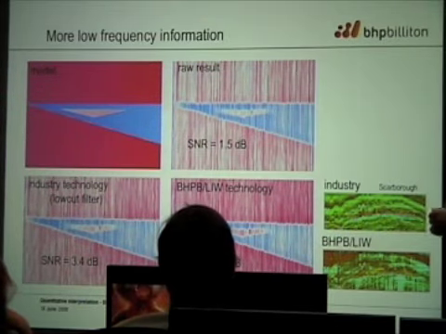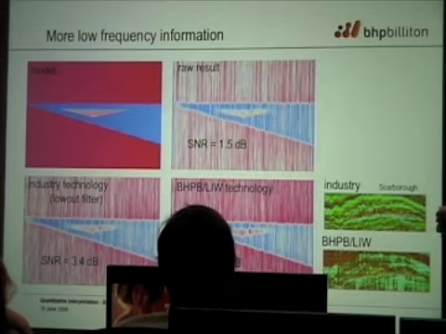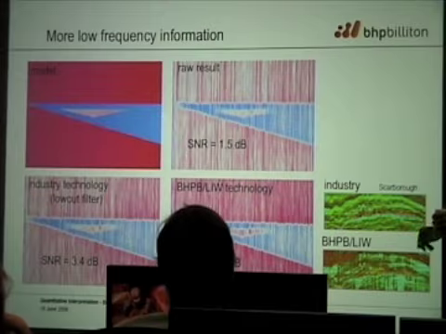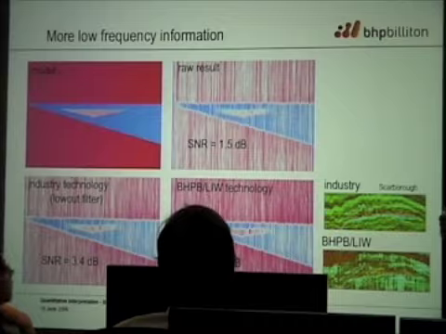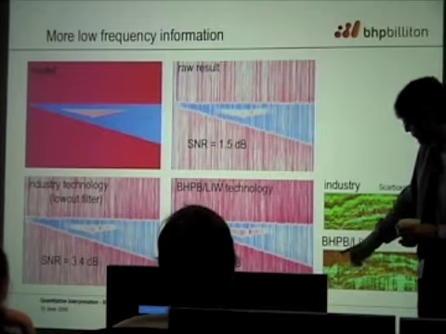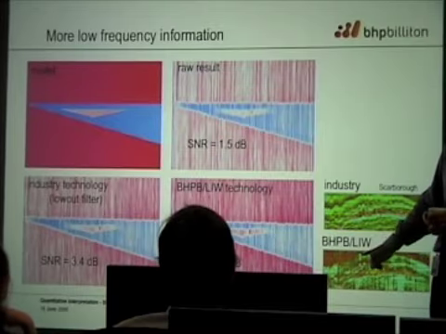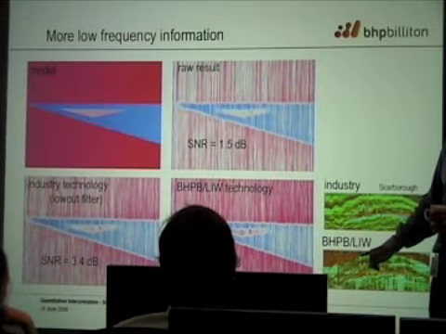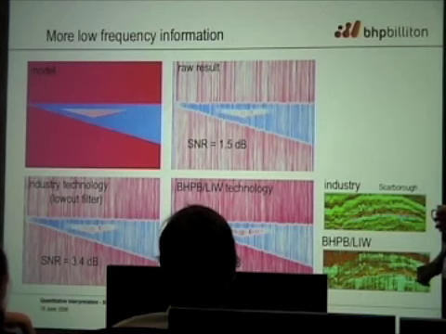It also showed up if you take a look at something like Scarborough, where you use a standard low cut versus the methodology that we employed. In this area here, there's a lot more low frequency information that comes through that is correlated to what you see in the well.